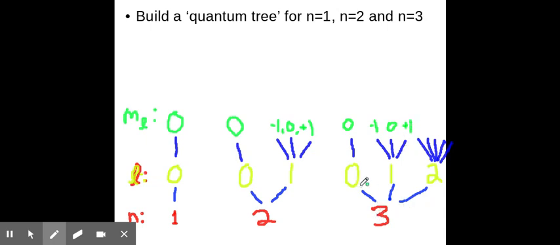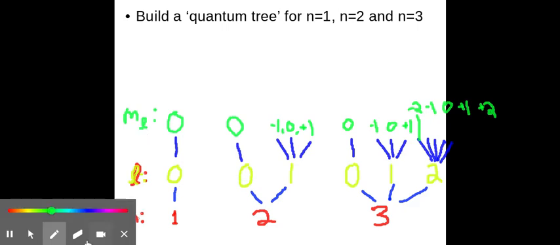And if it's energy level 3, the third type of shape that it could have is 2 here. So let me just bring this up here. It could have -2, -1, 0, right off the screen, +1, and +2. 5 possible orientations. Now that's only the first 3 quantum numbers.